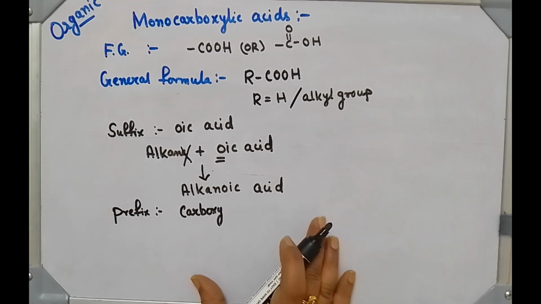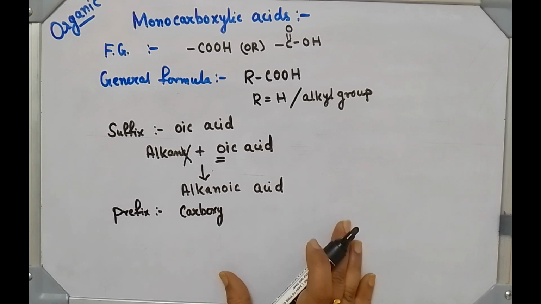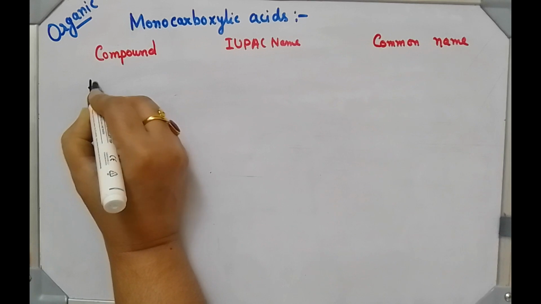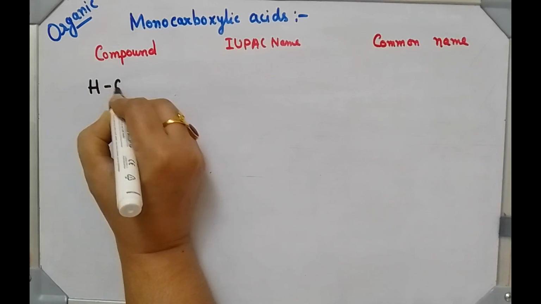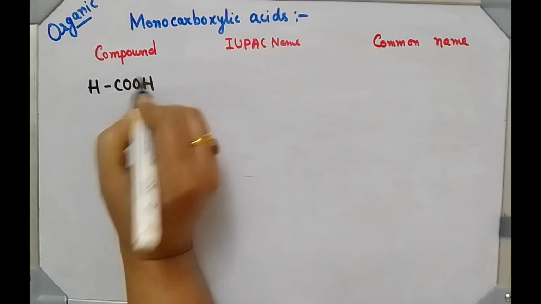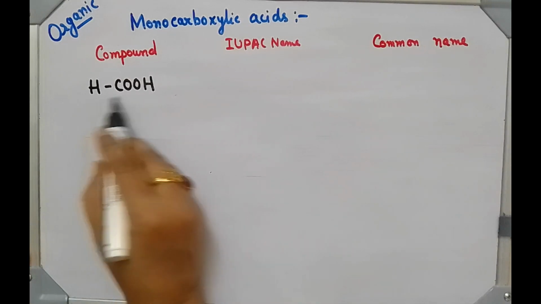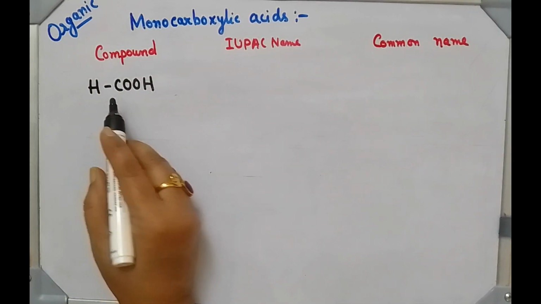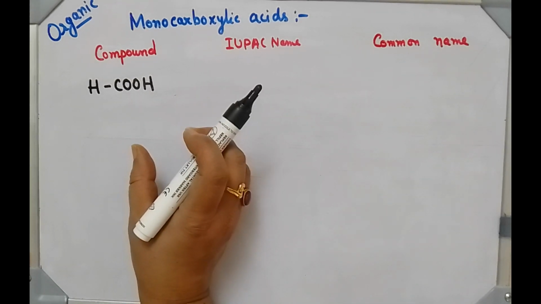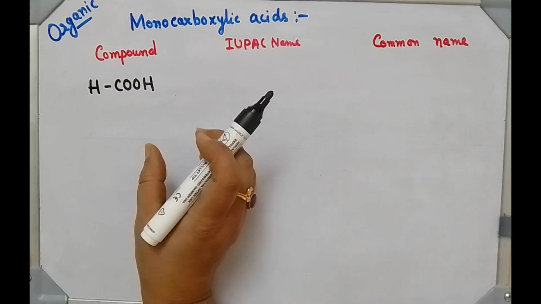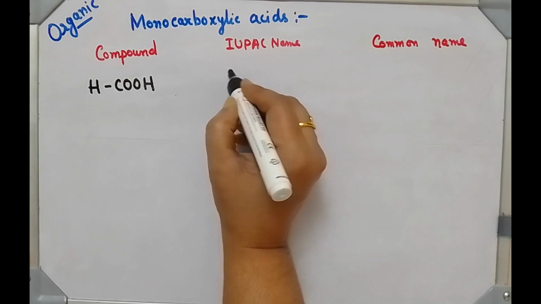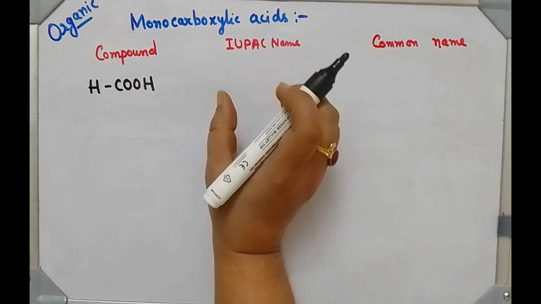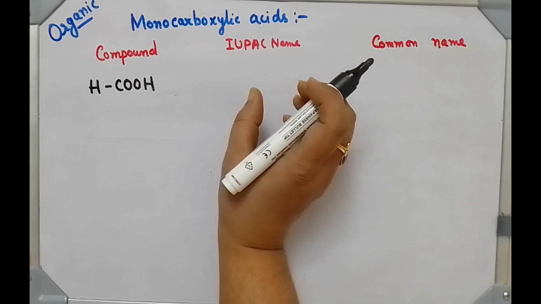Now we will see some compounds, their IUPAC names and common names. First compound is HCOOH. This compound has only one carbon atom, so for word root and primary suffix we use methane. Then methane plus oic acid.